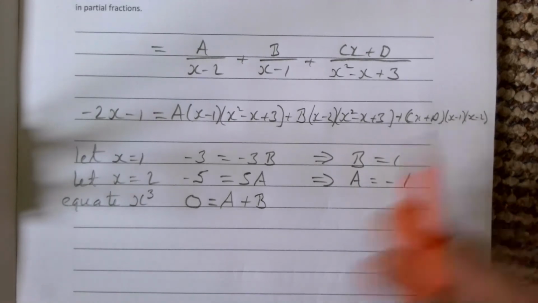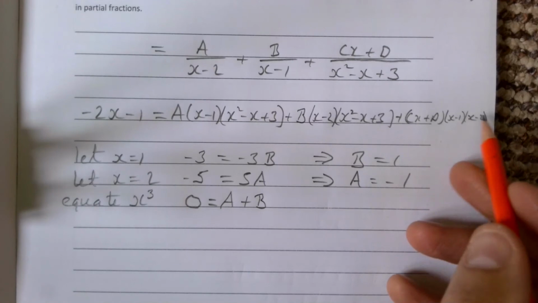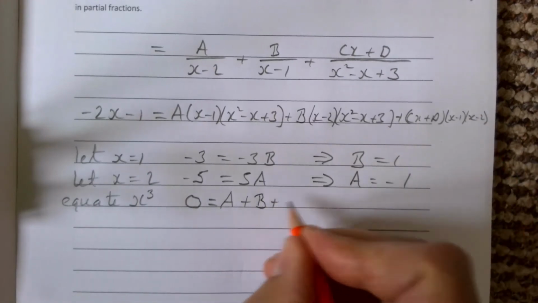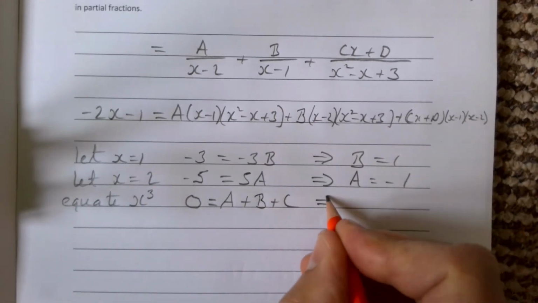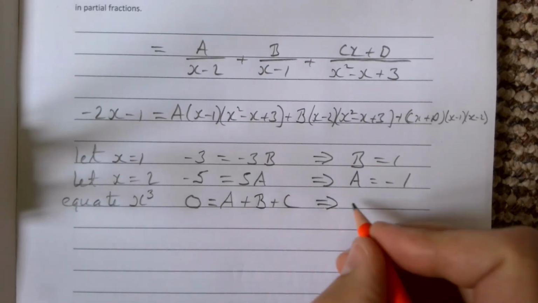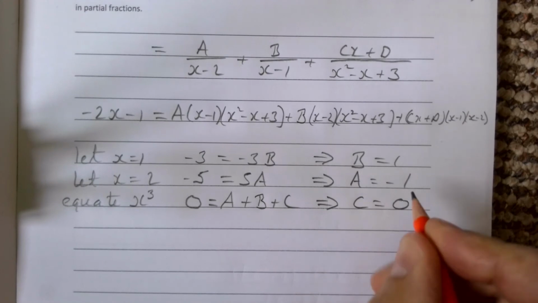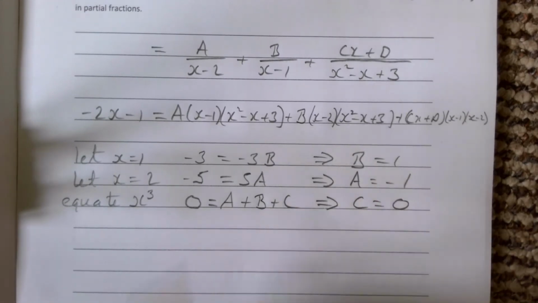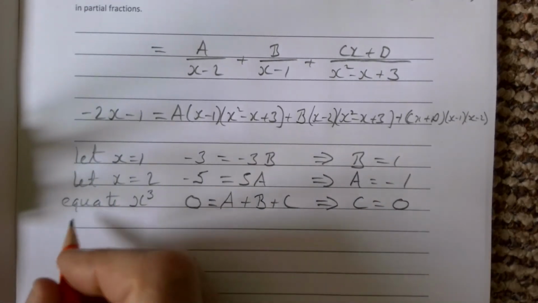There's going to be no D term in the x cubes, but Cx times x times x is going to give me a C. And I can use those two there. So my C actually in this case then is going to be 0. Once I sub in my 1 and my minus 1 into there, they cancel out. And so C is 0.